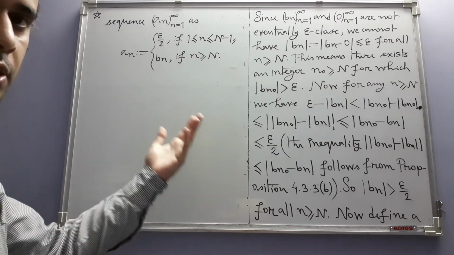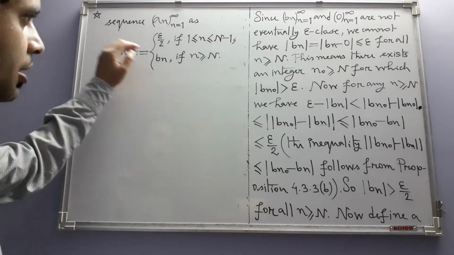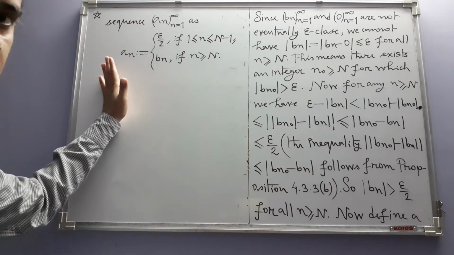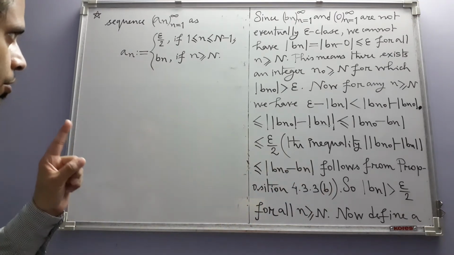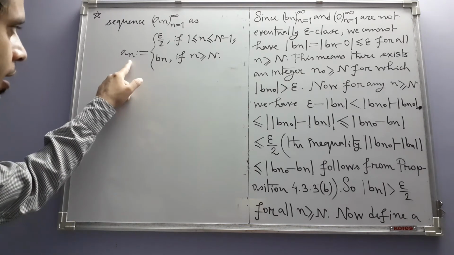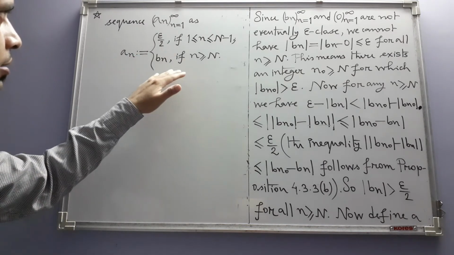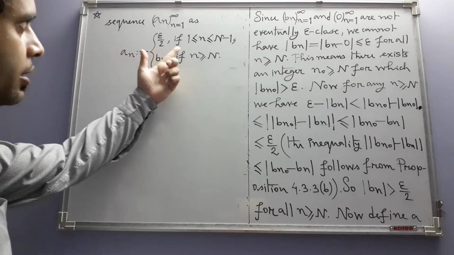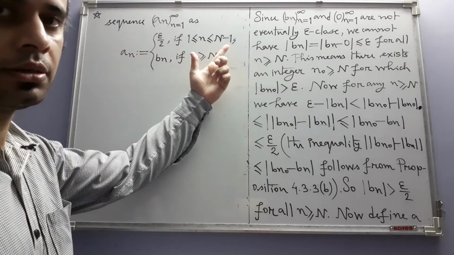The formal limit of bn is x, but now we are defining a new sequence an. Note that an differs from the sequence bn in only these first N minus 1 terms.